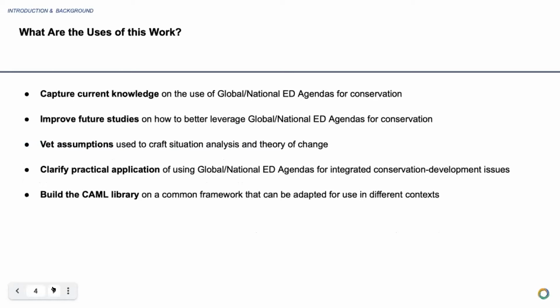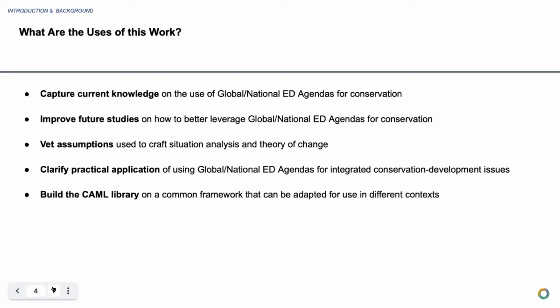So some of the uses we felt were valuable from the work that we undertook. One was to capture the current knowledge on the use of global and national environment development agendas for conservation efforts, hoping to also improve future studies on how to better leverage these agendas for conservation. Also, we wanted to vet assumptions that are used to craft situation analysis and theory of change, both ours as we develop them, but also for others who may be considering using environment and development agendas.